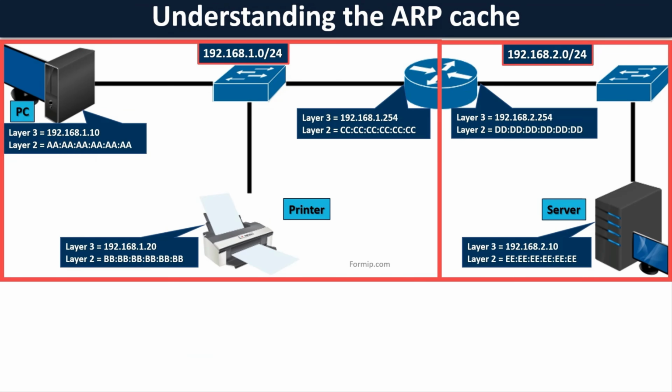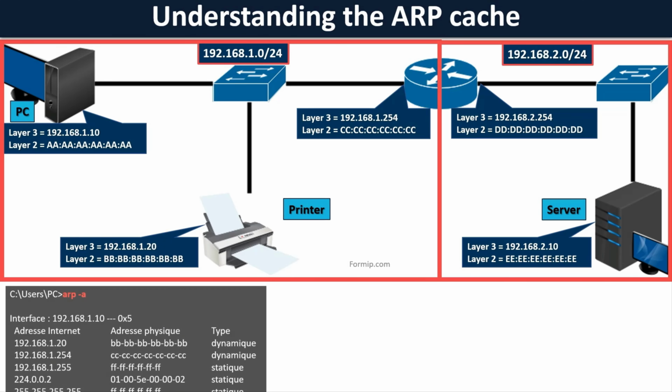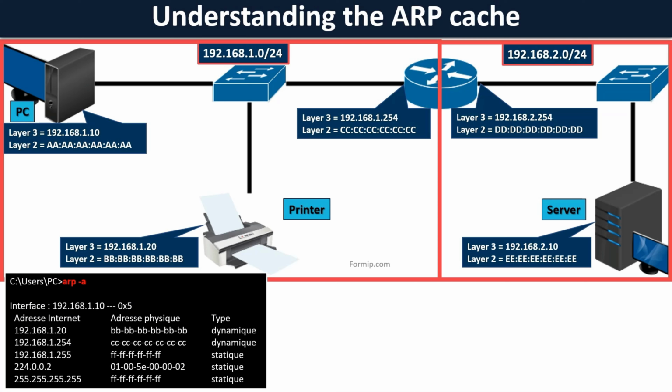Each IP device keeps a table in memory. It's the ARP table. The purpose of this table is to cache IP addresses and MAC addresses. The arp -a command displays the ARP table. In the command prompt, we do it on the PC. When a host wants to pass data to another on the same network, it searches the ARP table to see if there is a match.